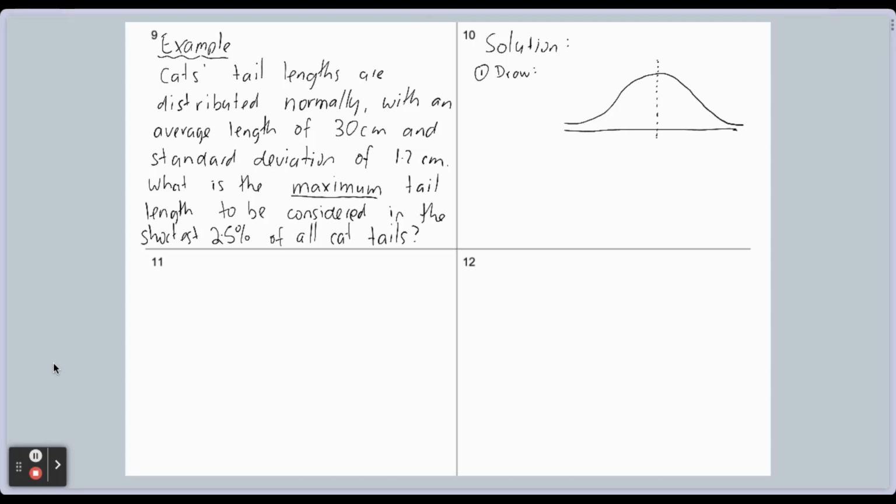We put that in the middle there. That's mu. So mu is 30 centimeters. The other thing I'm going to do is fill in what I need to know. I need to know the shortest 2.5%. So I need to know this value here, and that is going to be 2.5%.